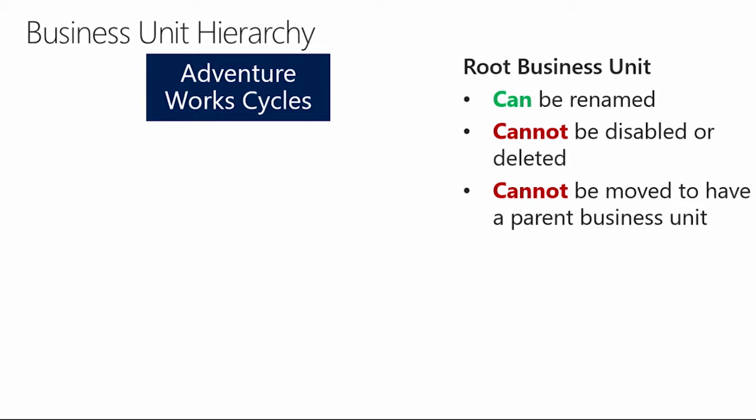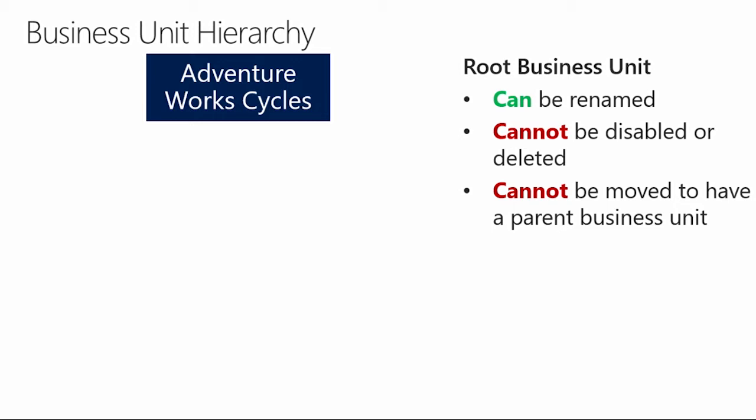I cannot have any other business units that are on top of this or that are parents of this particular item. The other thing is this always has to be enabled from an application standpoint. So I do not have the capability to go in and disable this or anything like that. Now I can rename it if I don't want to call it Adventure Work Cycles. I certainly could call it something else, but it has to exist and it has to be the top tier option that I would be working with.